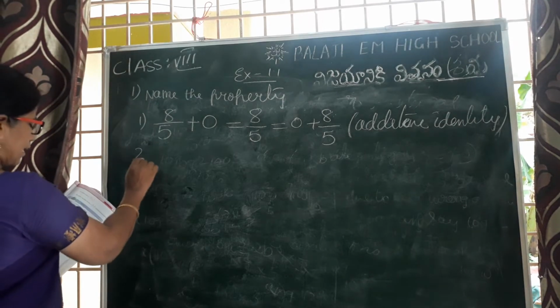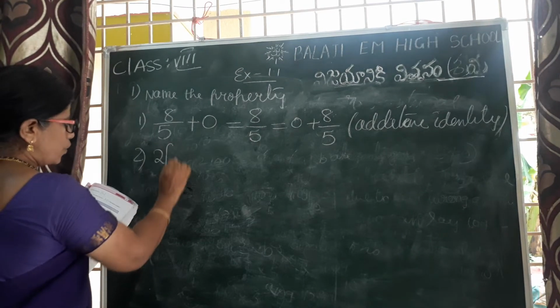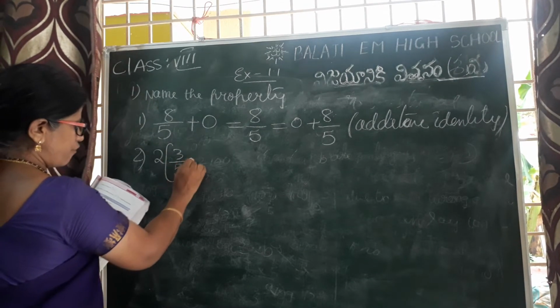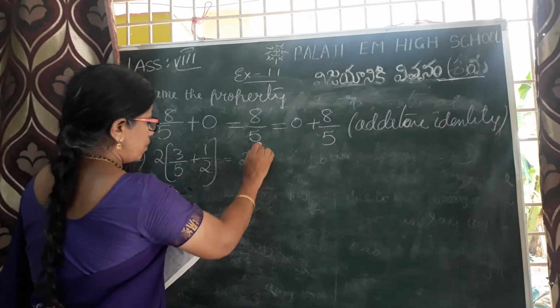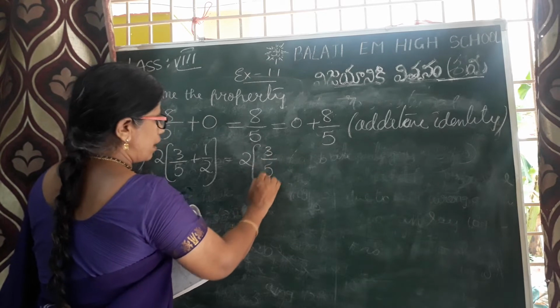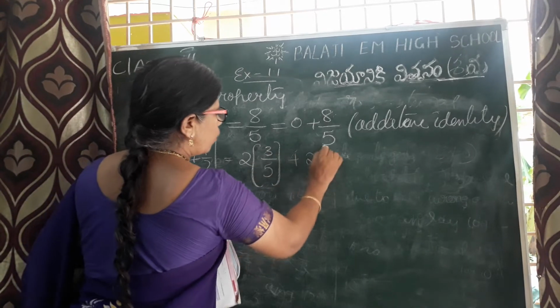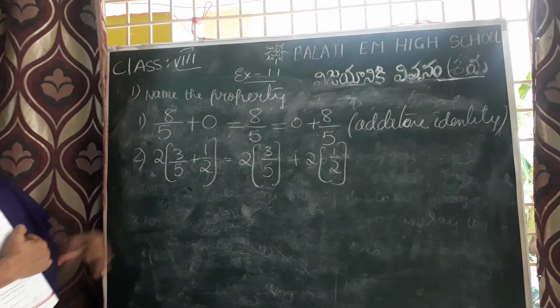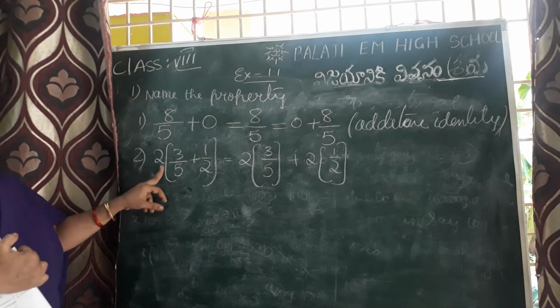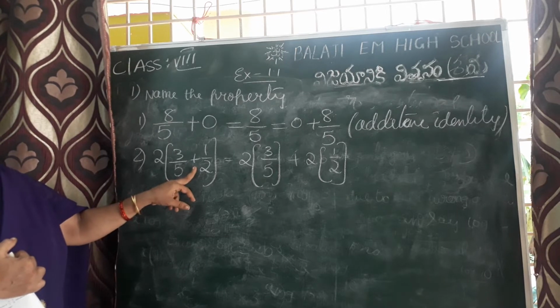Now coming to the second question, you are given 2 into 3 by 5 plus 1 by 2 is equal to 2 into 3 by 5 plus 2 into 1 by 2. Your question is to name the property of it. 2 is your multiplication and also addition is present.